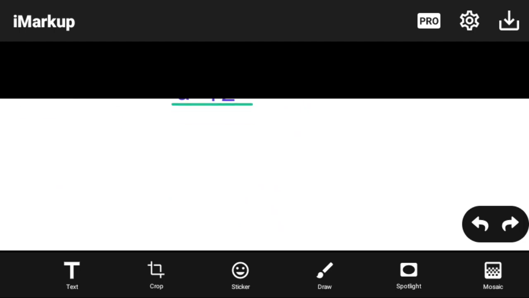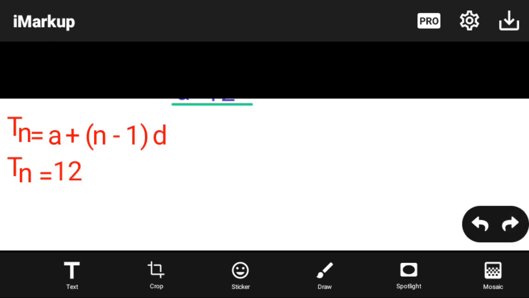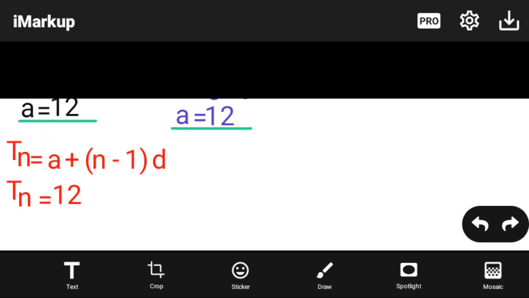So the formula is just that same one, which is Tn is equal to a plus, open bracket, n minus 1, then close bracket, then d, which is the common difference. Okay, so from there we'll say Tn is equal to a, that is we got 12, which is the first term.